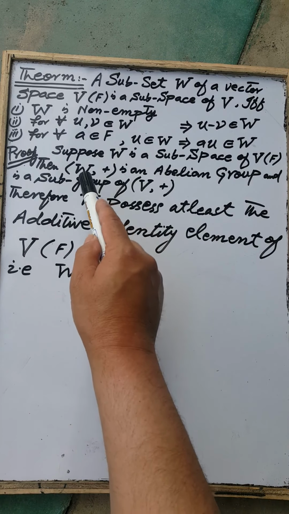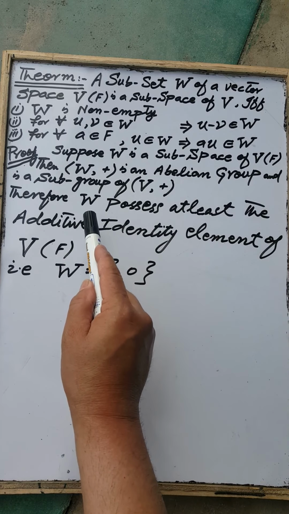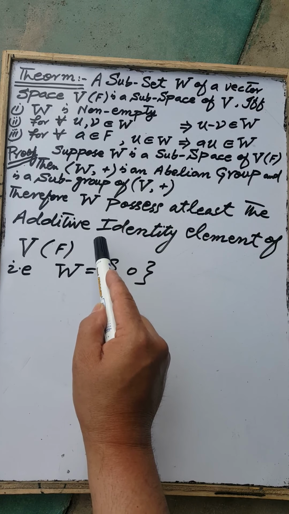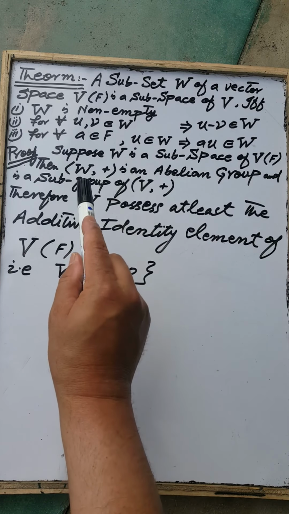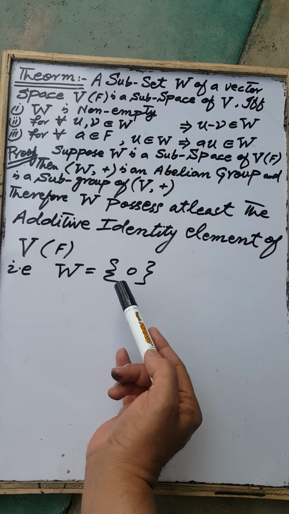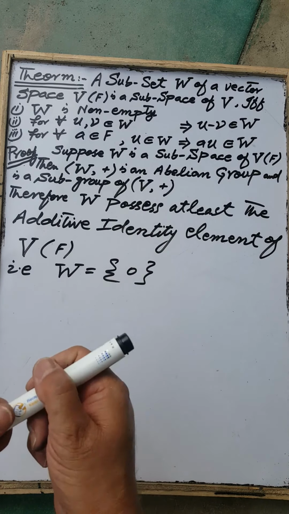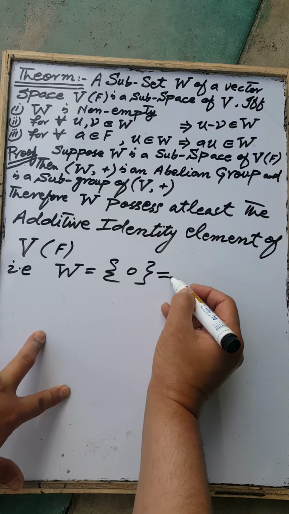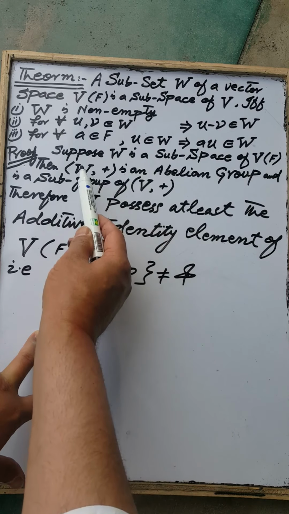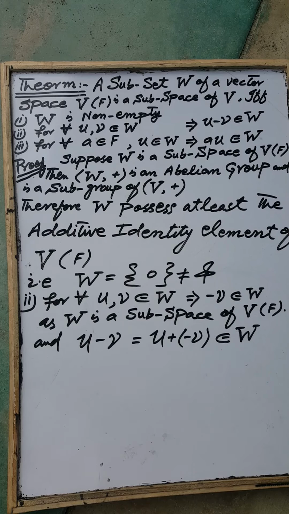The additive identity element in the vector space V is the zero vector. Therefore, the set W contains at least one element, the additive identity element of V, because W is an additive abelian group.